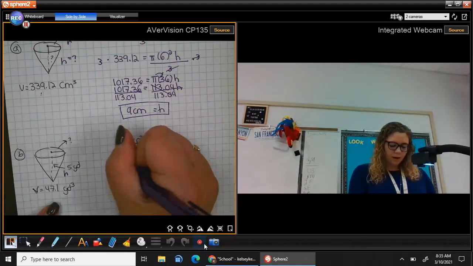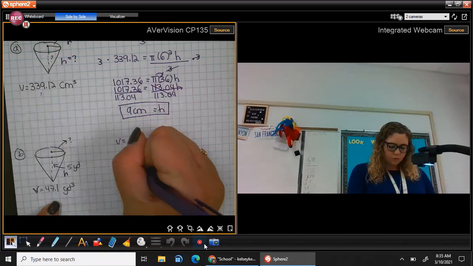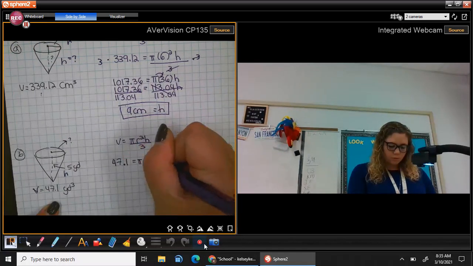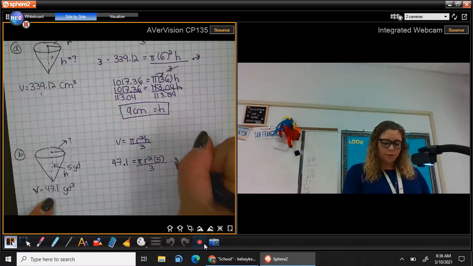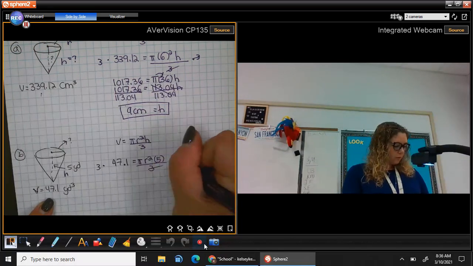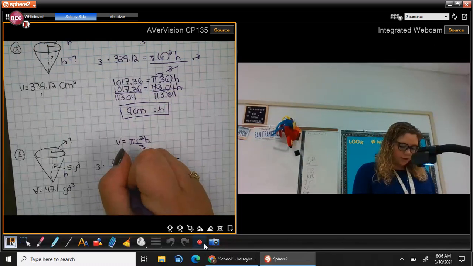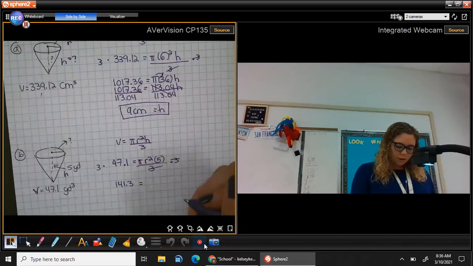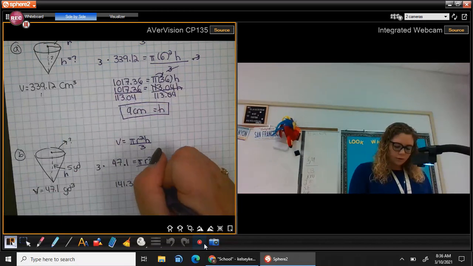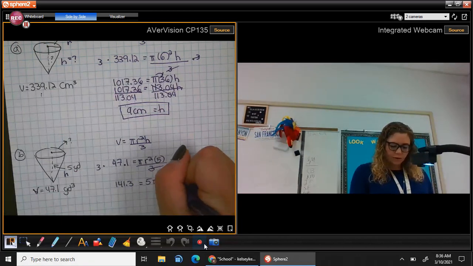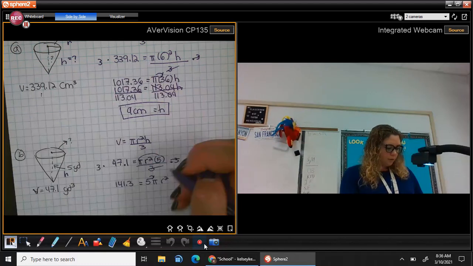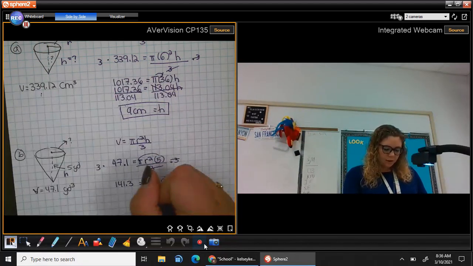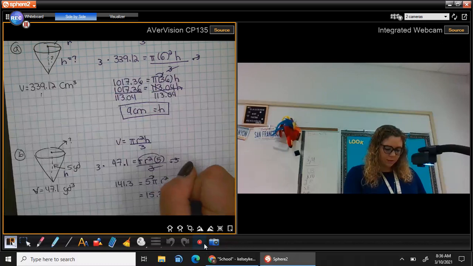So plug in your values. Multiply both sides by 3. And you get 141.3 equals 5 pi r squared. I'm just putting these two together. 5 times pi is going to give you 15.7 r squared.